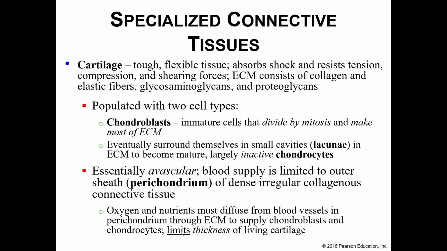So living cartilage is very thin because we have to diffuse our oxygen and nutrients from this perichondrium into the cartilage itself. And diffusion, you have a limited amount of distance that you can cover if you're only doing diffusion. So if you don't have direct blood supply, you're going to be a thinner tissue.